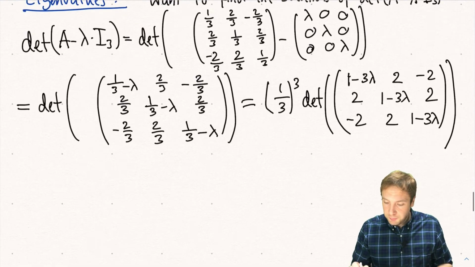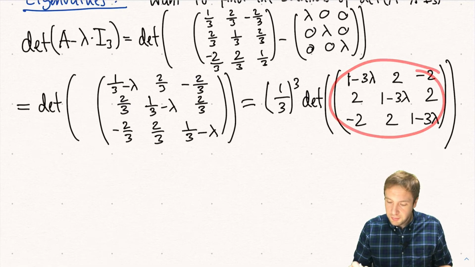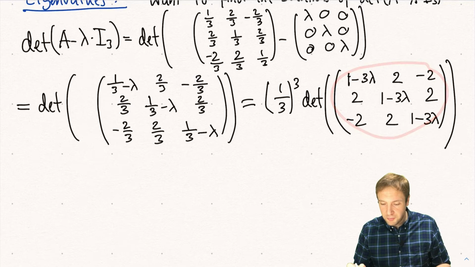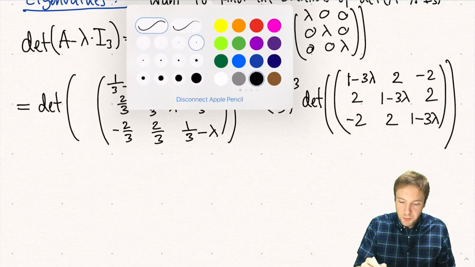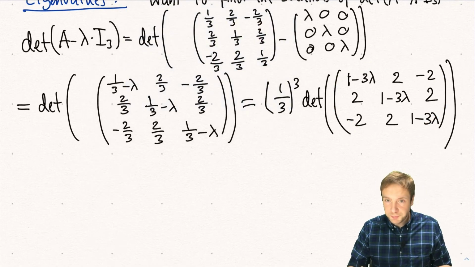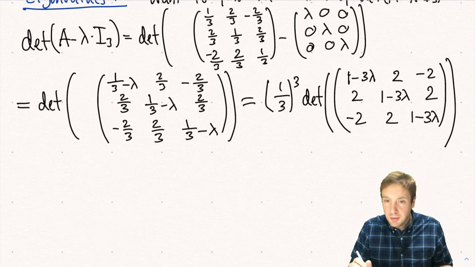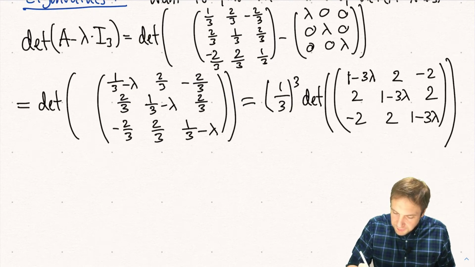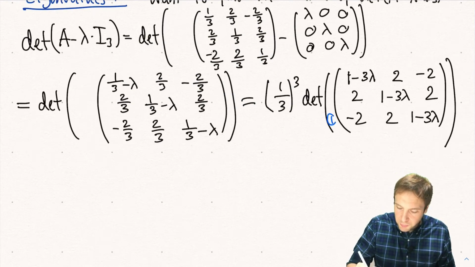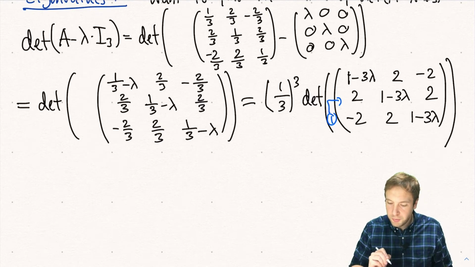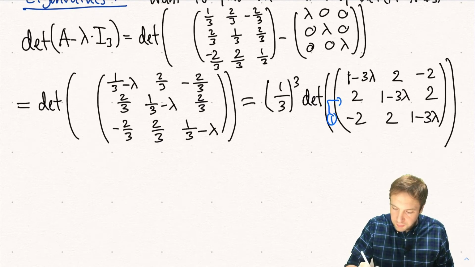And now, still maybe it's not easy to calculate this determinant here. So what we can do now is, for example, add this row to this one, and also subtract this from the first one.